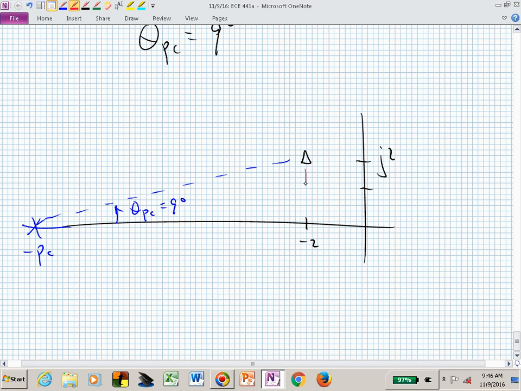This distance is pretty easy to figure out. That's 2. And what we don't know is that distance, x, but we can find it from trigonometry.